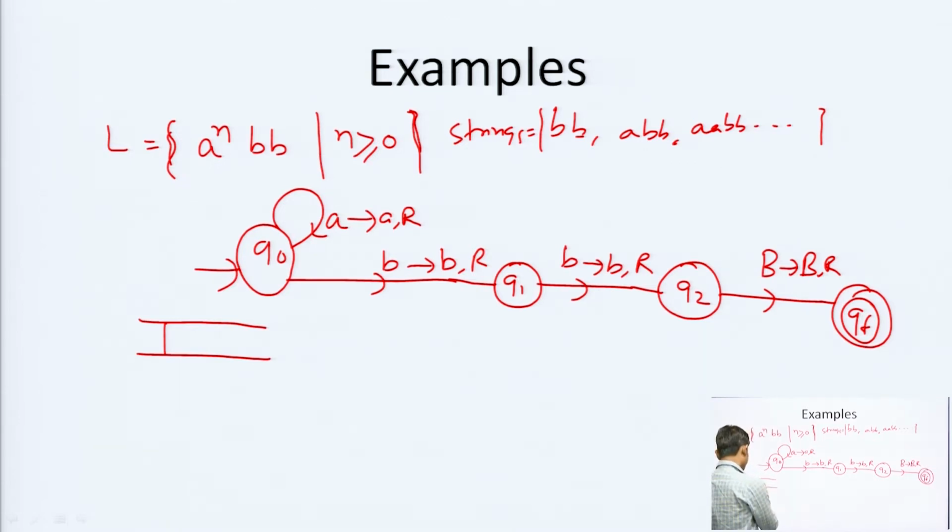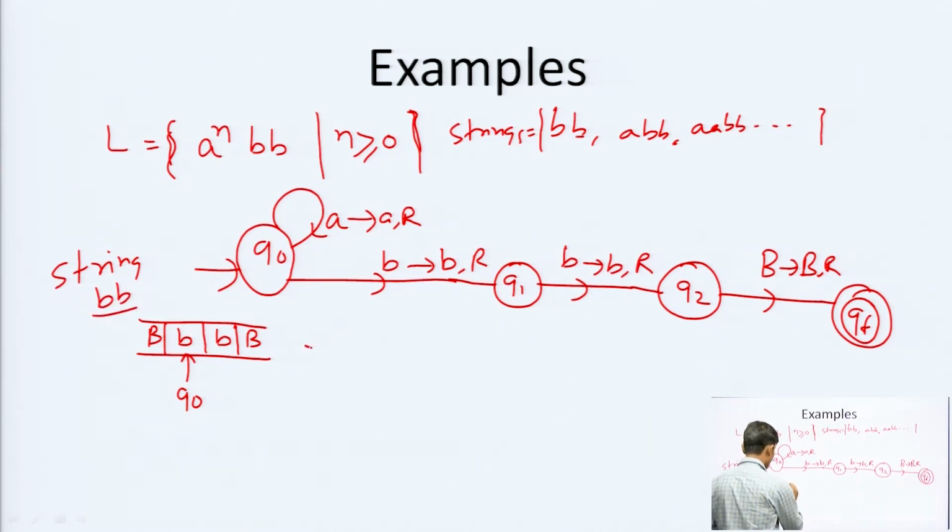We take the string B, and B should be accepted by this diagram. Q0 points to B. So, what happens now?